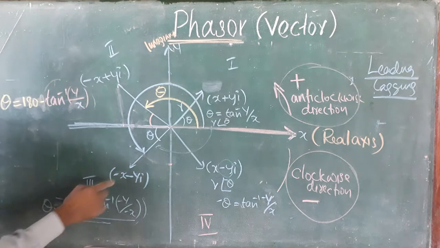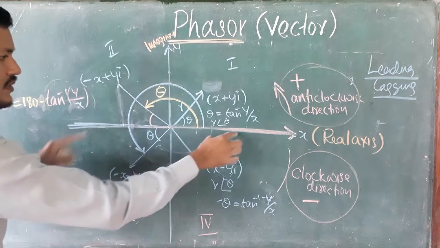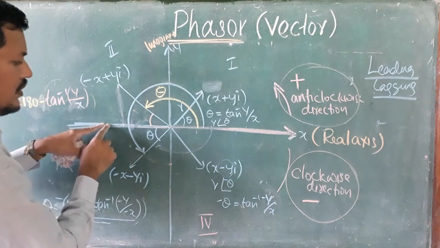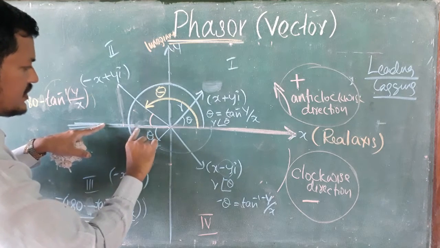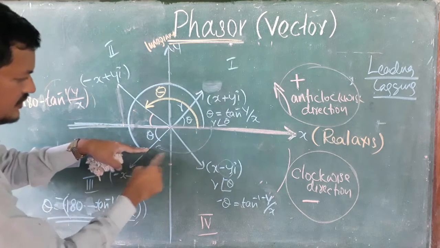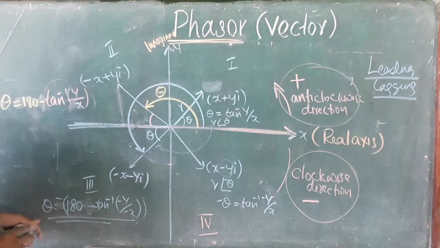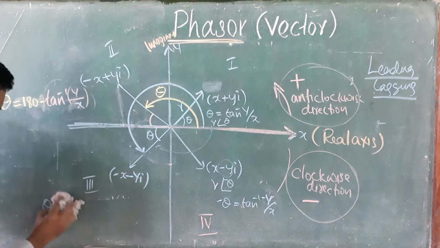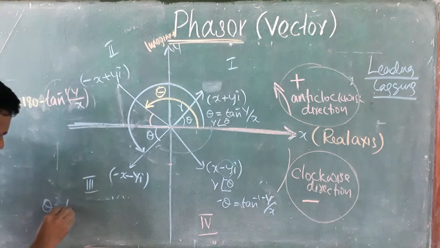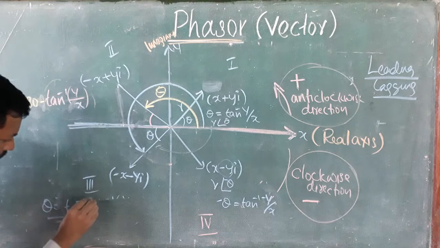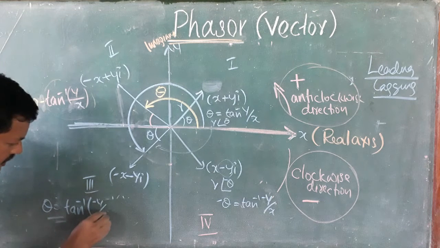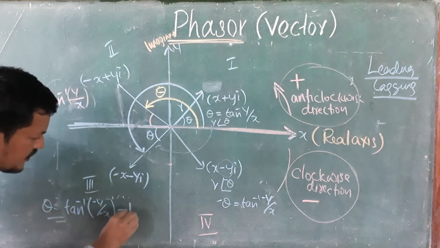So 180 total from this one, 180 minus this angle means we got the remaining angle, but we have to write minus. Or else we can write the opposite side, tan inverse of minus y by minus x, minus 180.